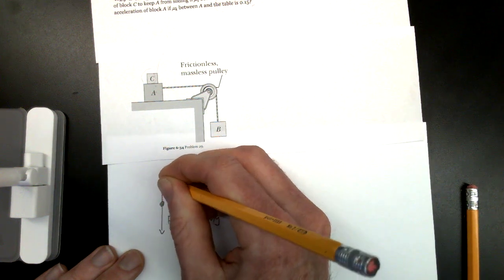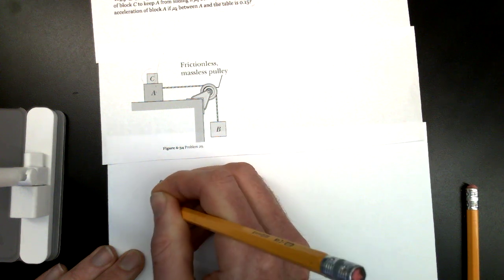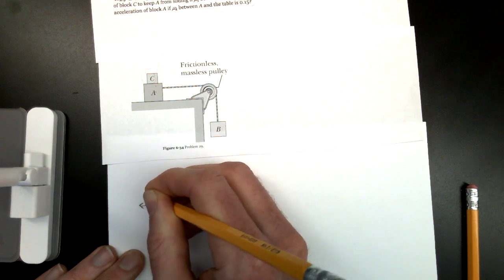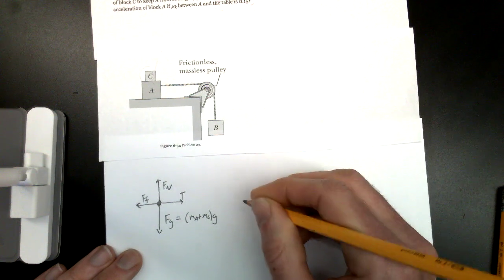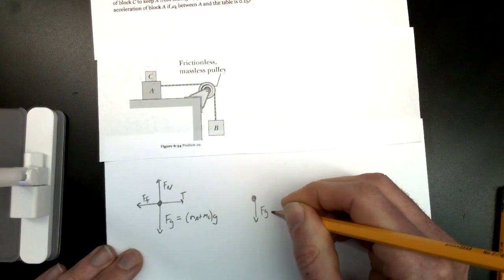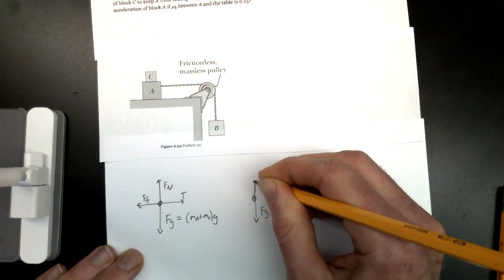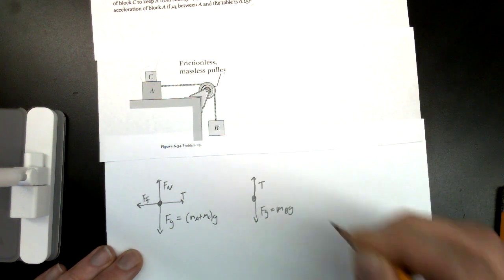And then, of course, we're going to have a normal force going this way, a tension going this way, and a friction force going that way. And then drawing block B, we'll have the force of gravity on this one, which is mBg, and then tension going that way.